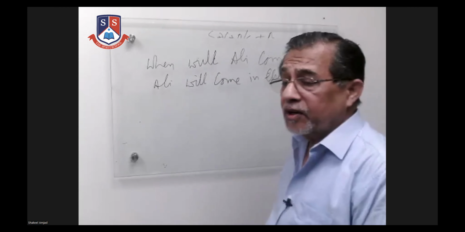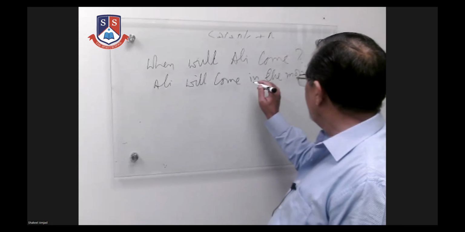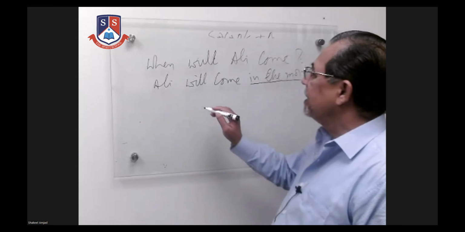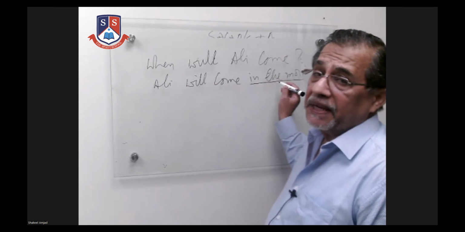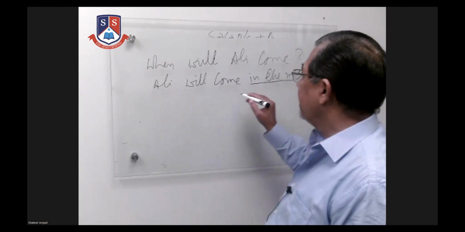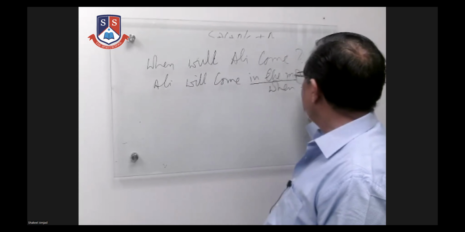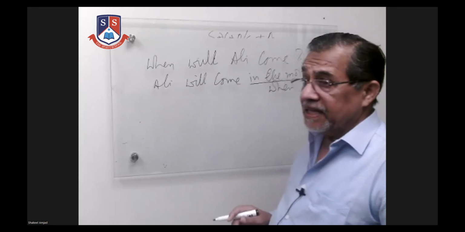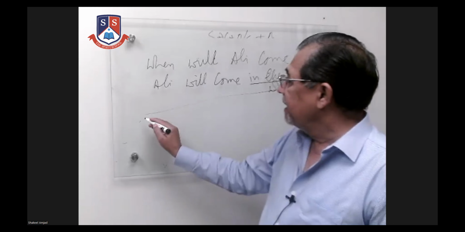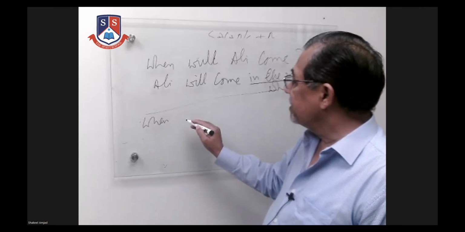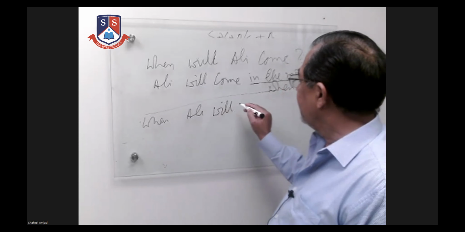You did not know the time of Ali's coming, right? So, in the morning. Obviously, to know the time, which word will you bring? When. Ali will come when. Right. Now, since it makes a question, this one comes at the beginning and the sentence becomes: when Ali will come.